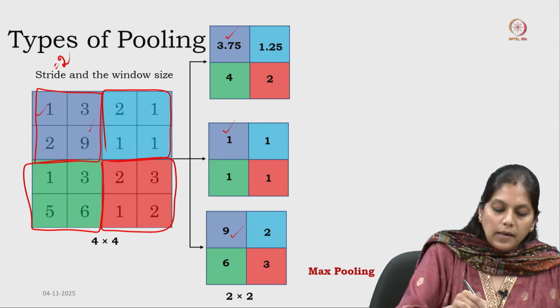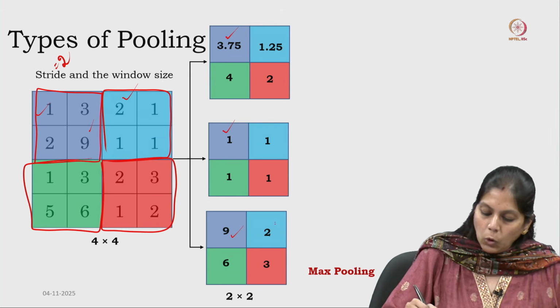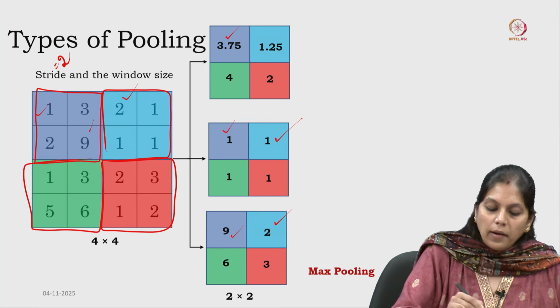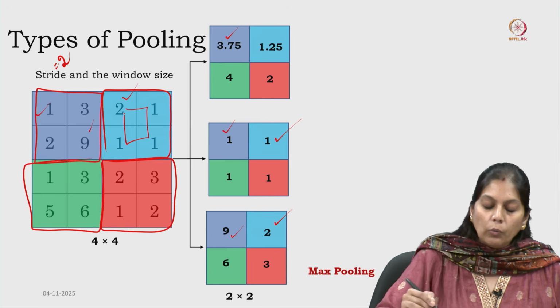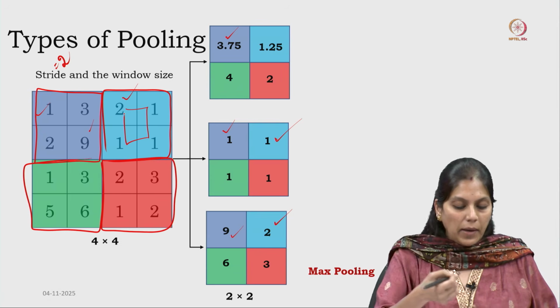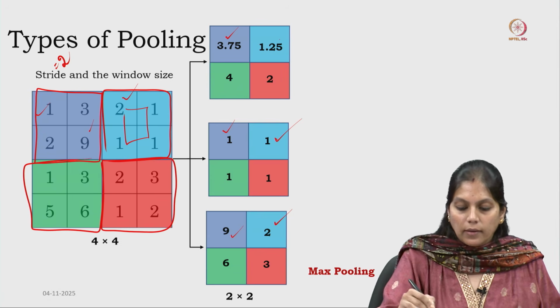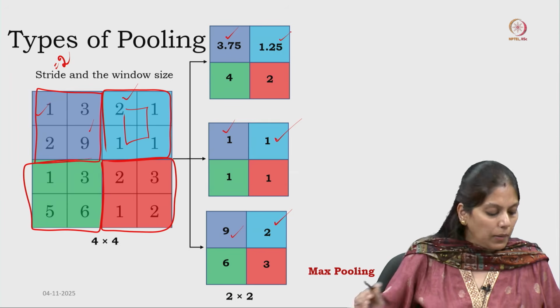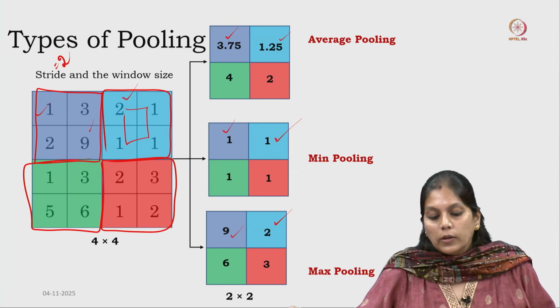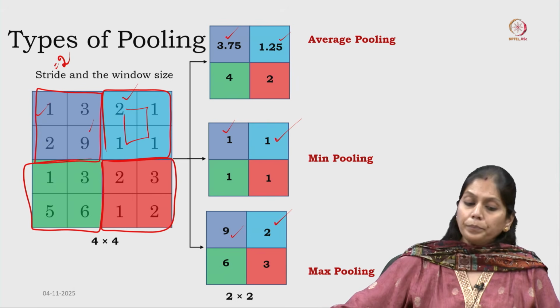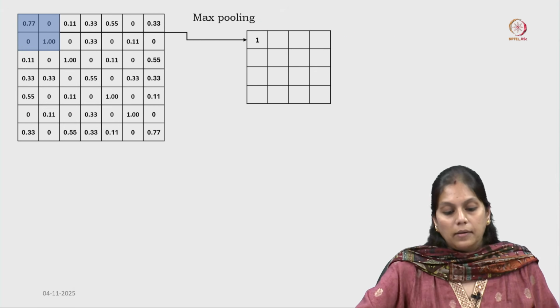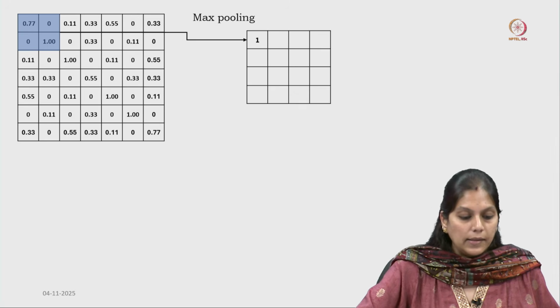Then in the second, the maximum value is 2, the minimum value is 1, and when you add 2 plus 1 plus 1 plus 1 divided by 4, you get this value. Similarly you will repeat this process. So these are the 3 different types of pooling. Now let us see once again with an example here.